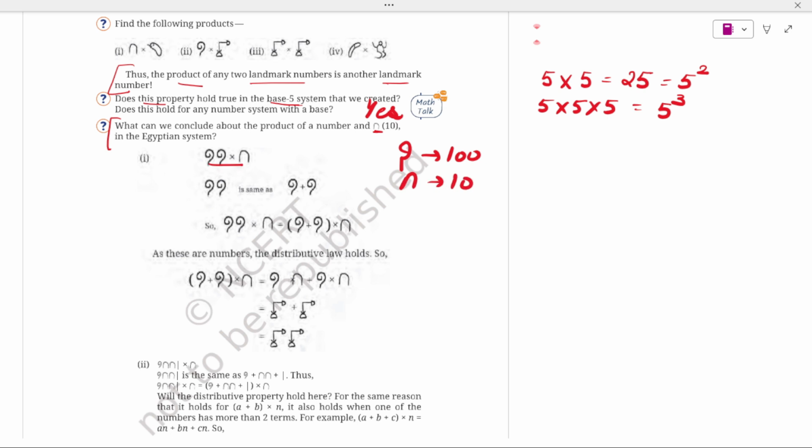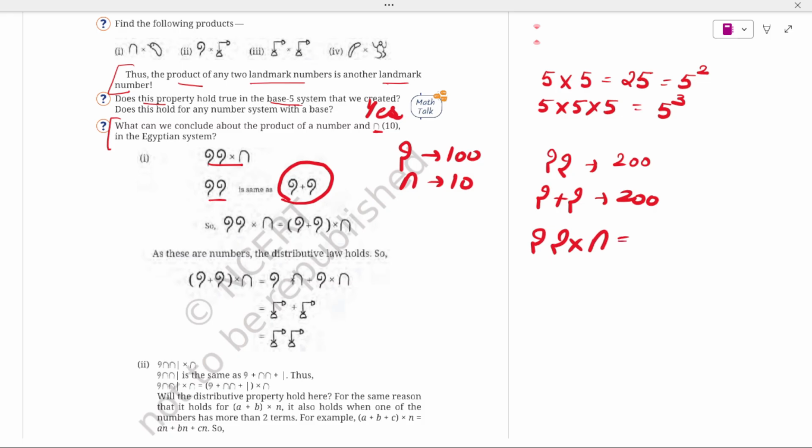When we multiply these, the 200 is presented by two symbols of 100, so it can be written as 100 plus 100, which is also 200. They just want to say that any two symbols can be written as the sum of two of the same symbol. So we can write the product this way.